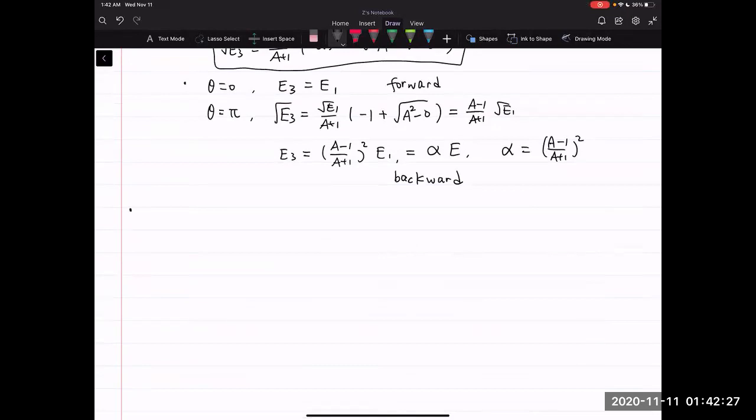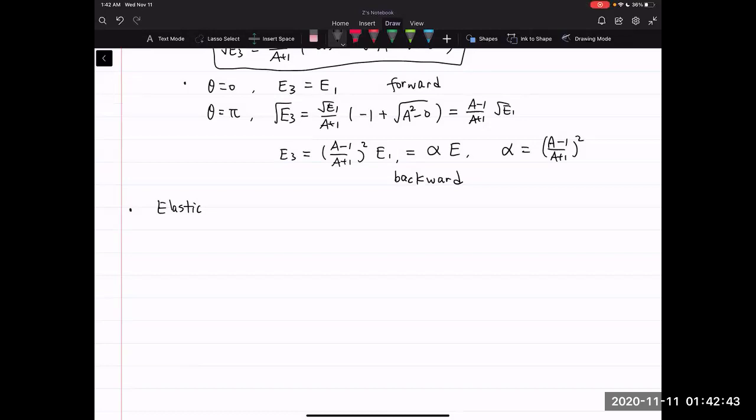Okay, so we can do this in two ways. Either we convert our kinematic equations to the center of mass coordinate, or we can convert the wave functions to the lab frame.